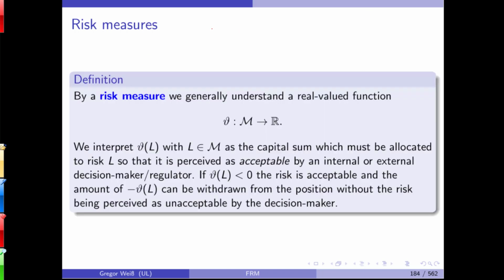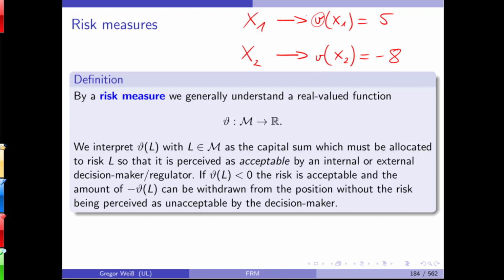So what is a risk measure? A risk measure is a real valued function, nu, from the set of admissible risks into the real numbers. We have a stock investment x1 and x2, and if we say -5, minus 8, these are the risk measures, or actually the risk values, and this function nu is the risk measure.